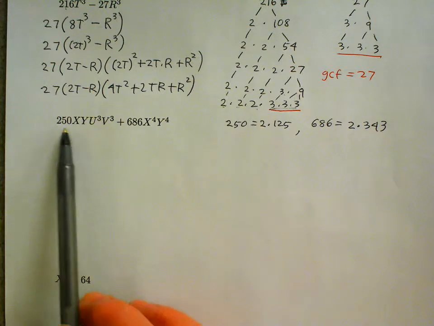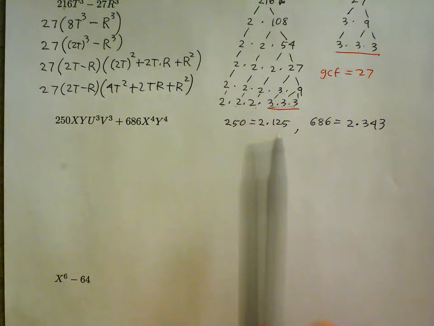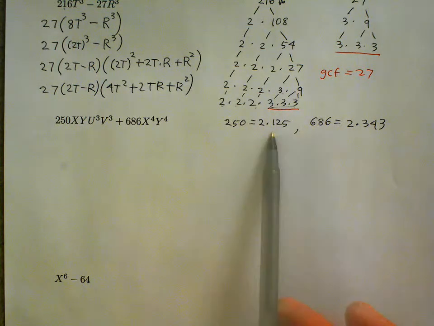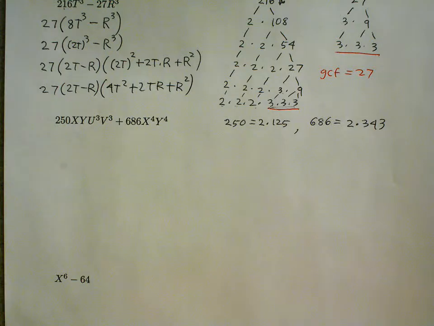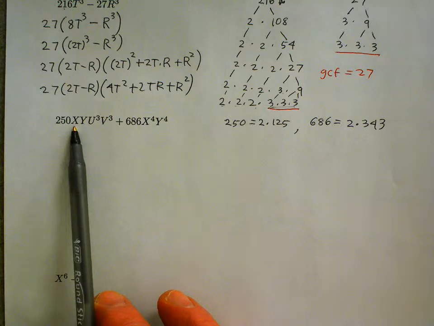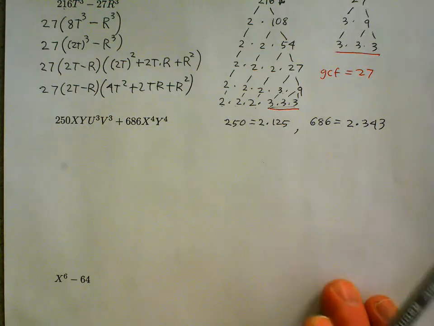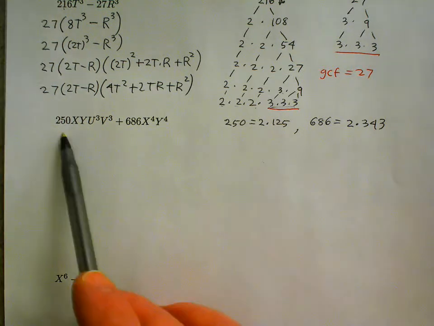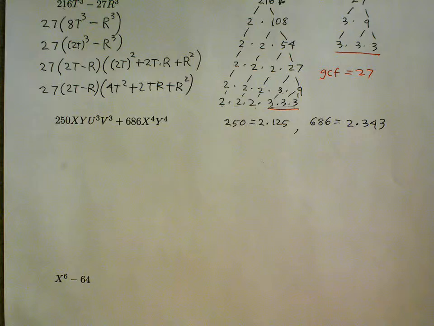So the greatest common factor will have a factor of 2 in it. What else does it have? X and Y. Yeah, it has 1 factor of x and 1 factor of y also. So the greatest common factor is 2xy.